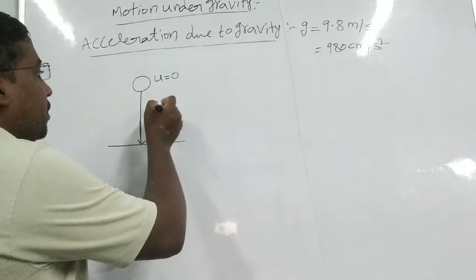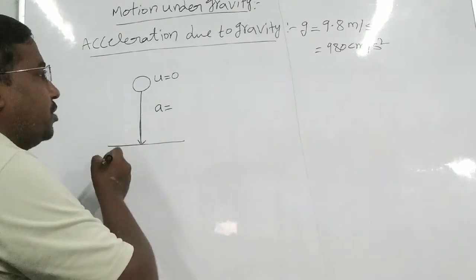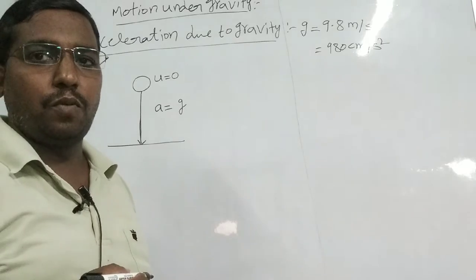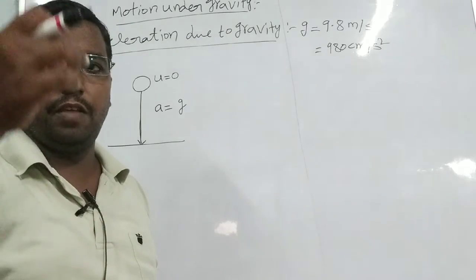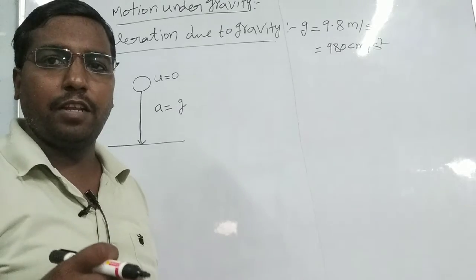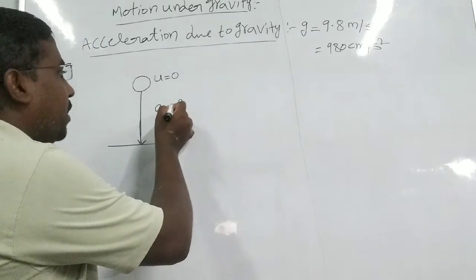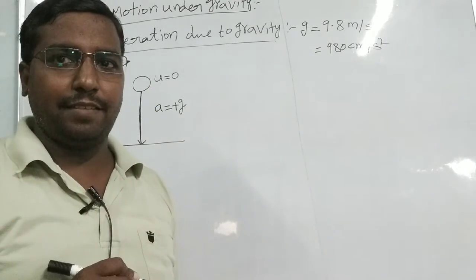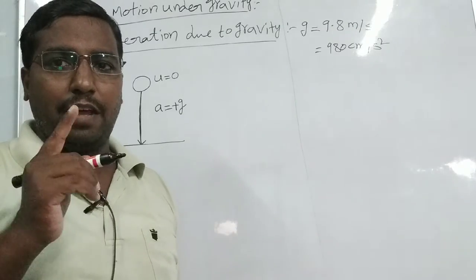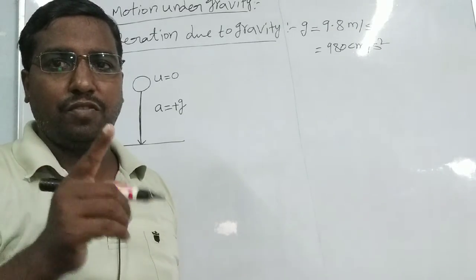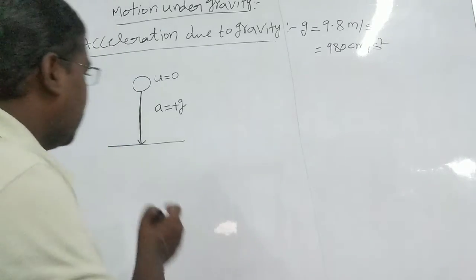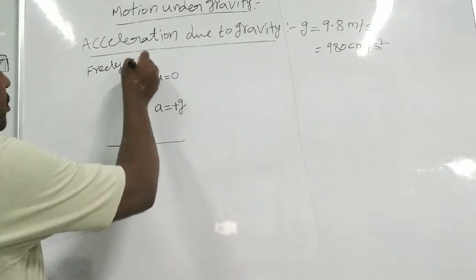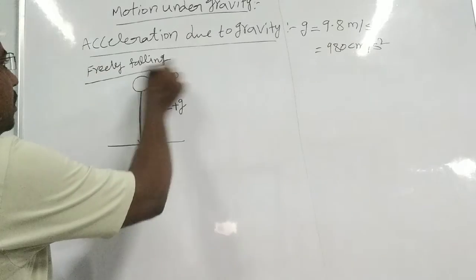So the acceleration on the object is a equal to plus g, because the velocity increases and the acceleration becomes positive. This is a freely falling object.